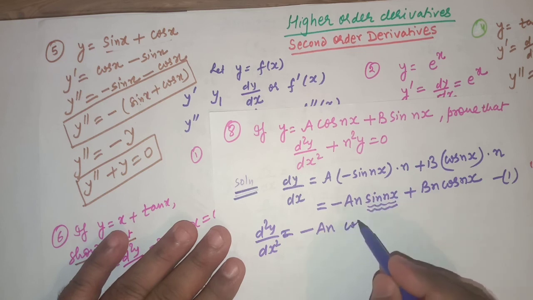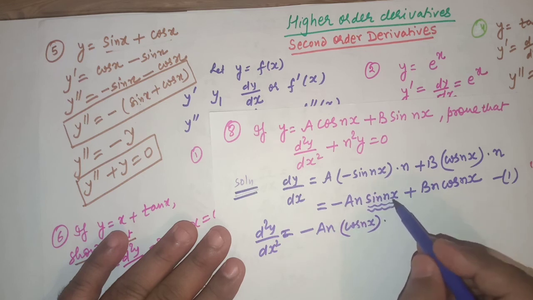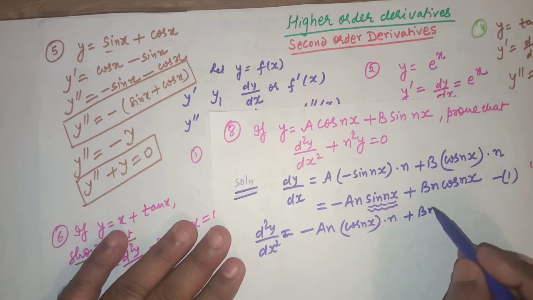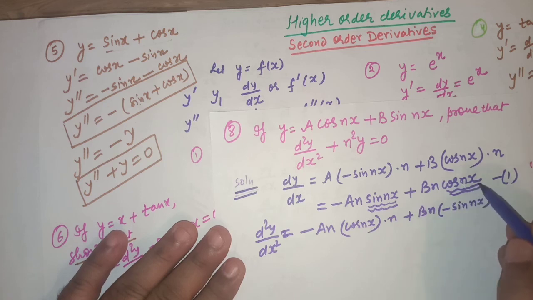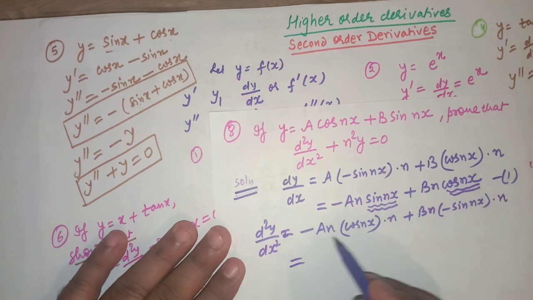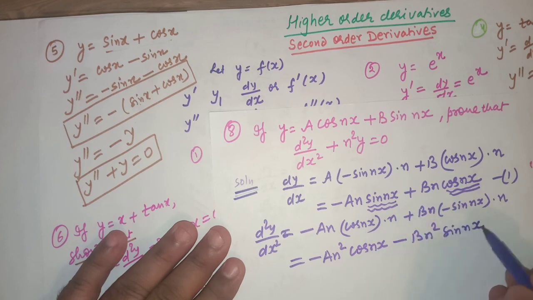So we have cos nx, and then we differentiate nx and we have n. Similar is the case with this bn. We differentiate this one, we get minus of sin nx, and then we differentiate nx, so we have n. Clear? So this expression becomes minus an square cos nx, and this becomes minus bn square sin nx.